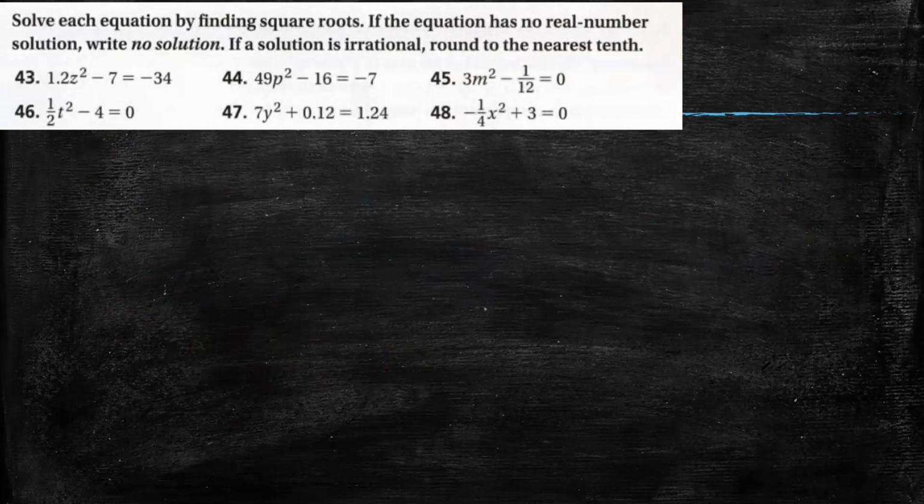Negative 1 over 4 is multiplied by x squared. So why did we not divide, like in number 45? In number 45, it is 3m squared, a number multiplied, so you divide by 3 and find m squared. But in number 48, you have negative 1 over 4 x squared.